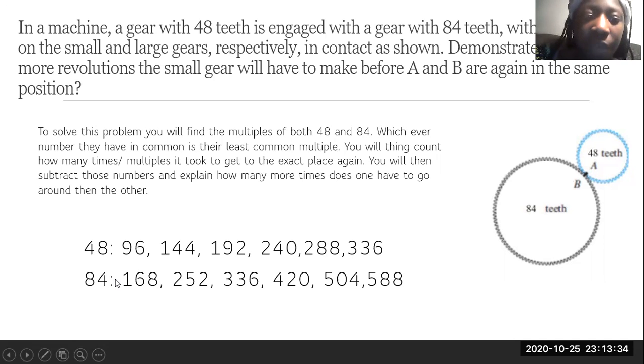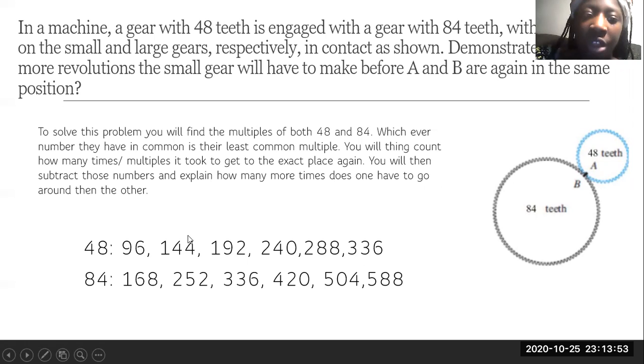And then we have 84, which is 168, 252, 336, 420, 504, and 588. Now we see that 336 is in both of them, which means this would be our common multiple.